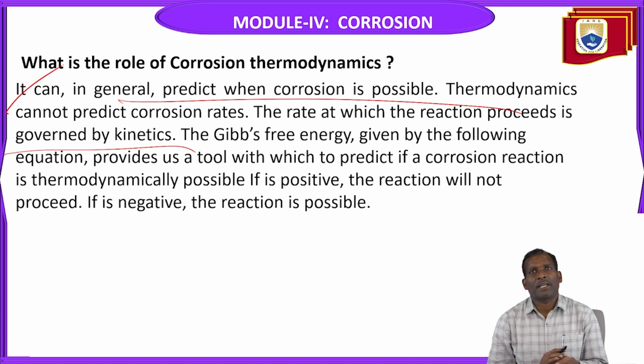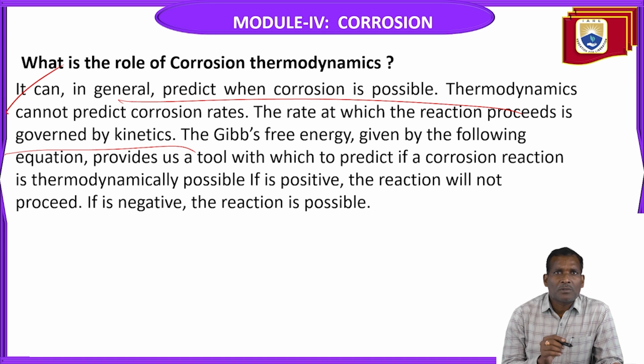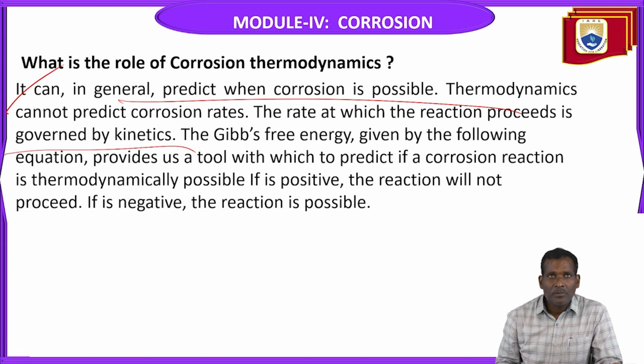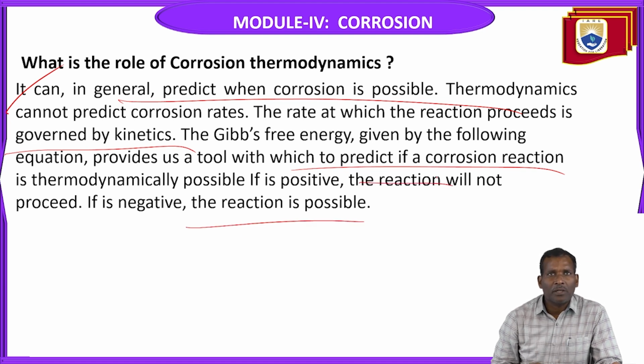The Gibbs free energy, given by the following equation, provides us a tool with which to predict if a corrosion reaction is thermodynamically possible. If it is positive, the reaction will not proceed. If it is negative, the reaction is possible. You can see this in the Gibbs free energy equation in thermodynamics.